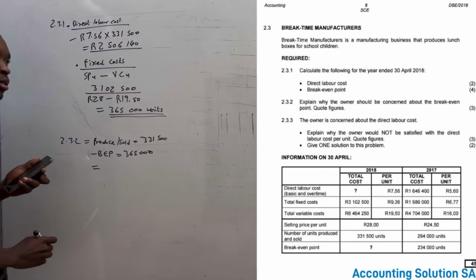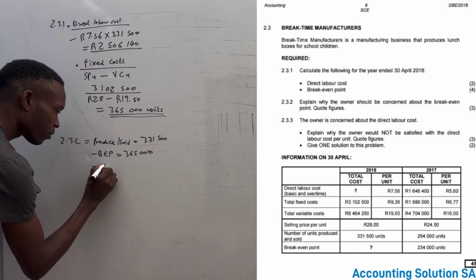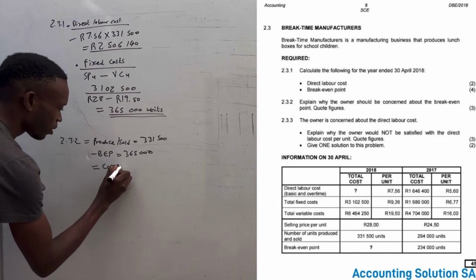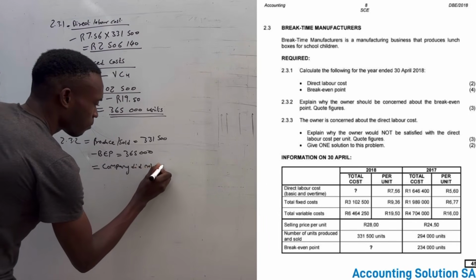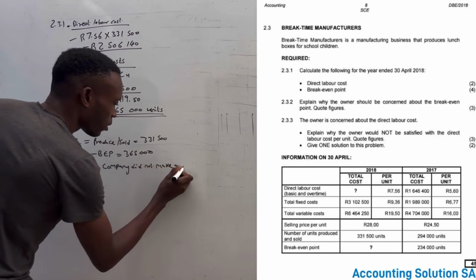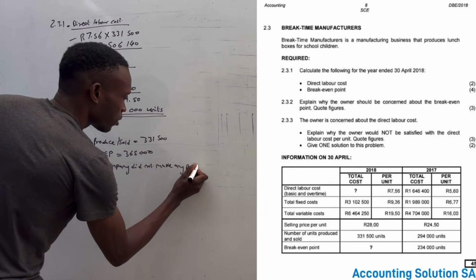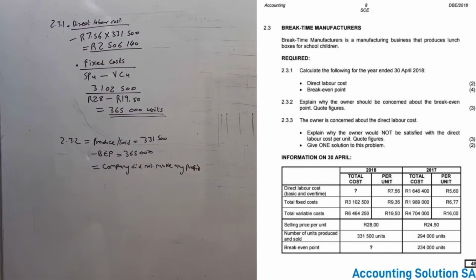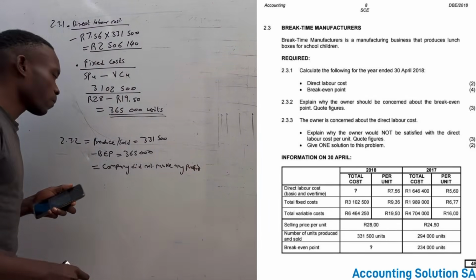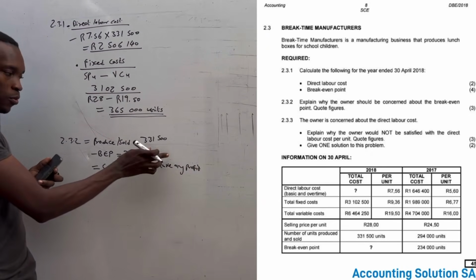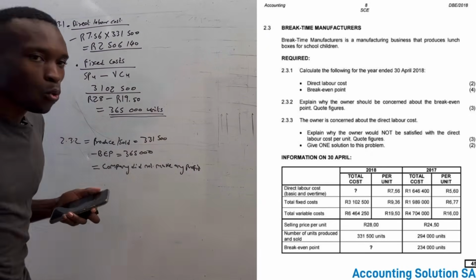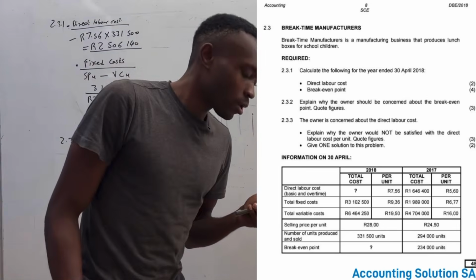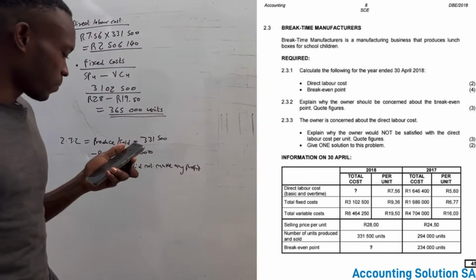In conclusion, the company didn't make any profit. In other words, the company has made a loss, because the no profit, no loss point is 365,000, and they produced and sold below. So obviously, the owner is going to be concerned about this.